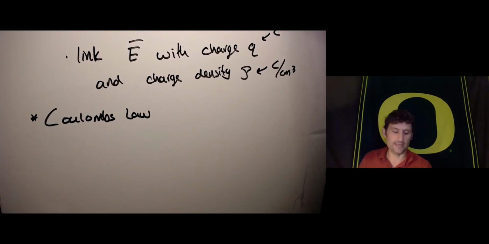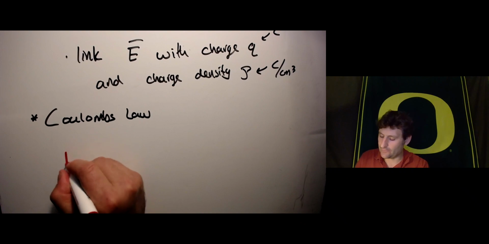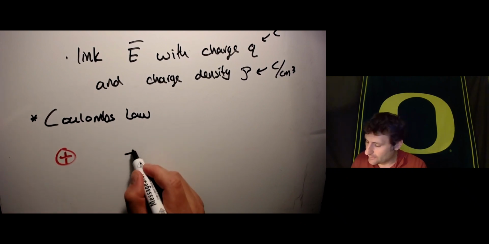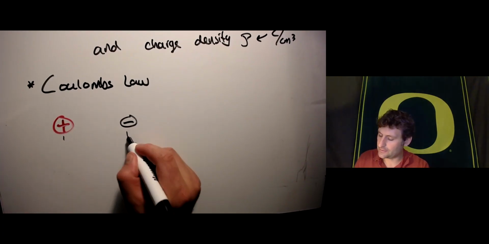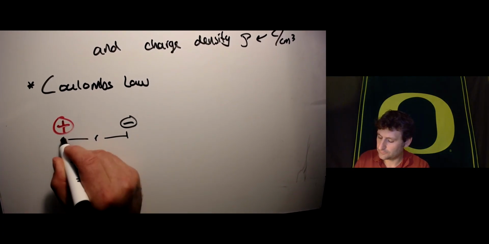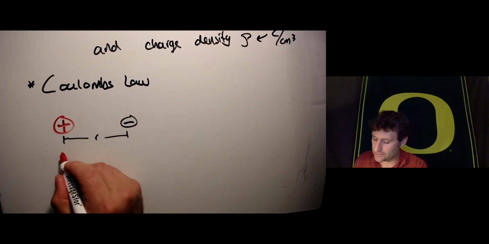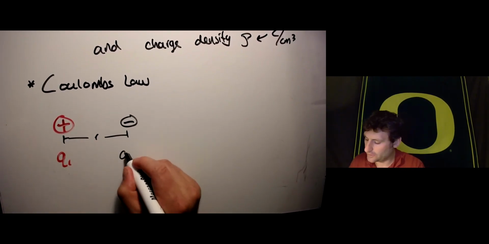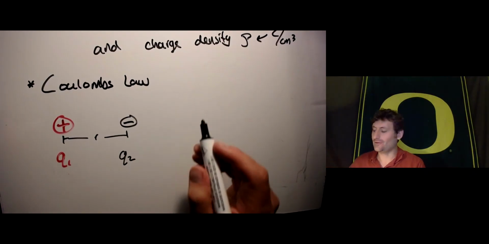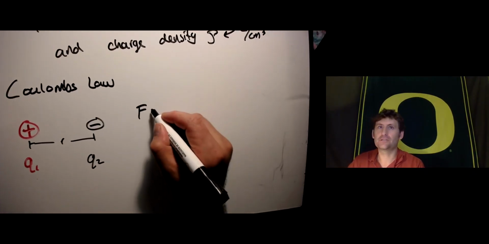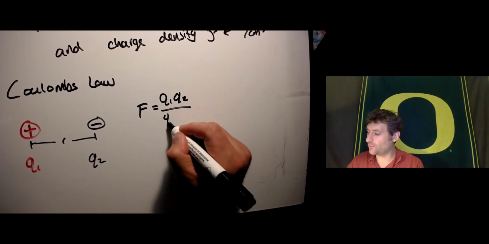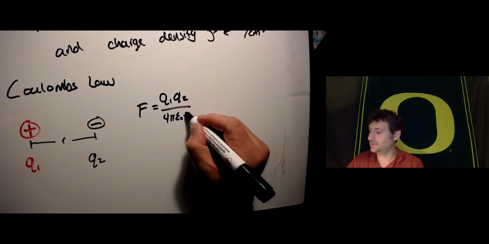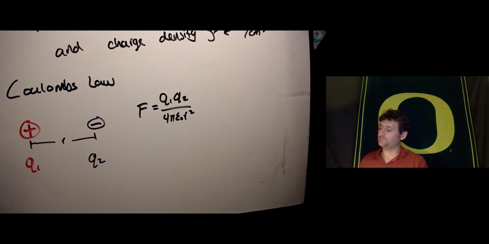What Coulomb's law says, if I have point charges, say a positive point charge and a negative point charge, separated by some distance r, and the charge on these is Q1, Q2, I can say that the force between these particles is just Q1 Q2 over 4 pi epsilon naught r squared. So this is the force between those two particles.